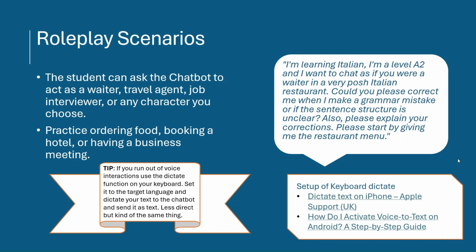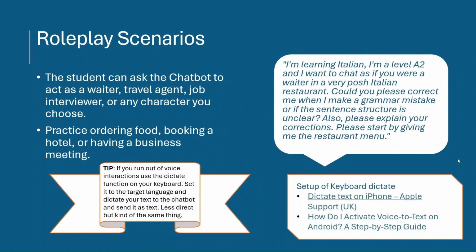So I put, for example, a little instruction for ChatGPT, saying: I'm learning Italian, I'm a level A2, and I want to chat as if you were a waiter in a very posh Italian restaurant. Could you please correct me when I make a grammar mistake or if the sentence structure is unclear? Also, please explain your correction. Please start by giving me the restaurant menu. So this sets up the role play, and then the student can start.